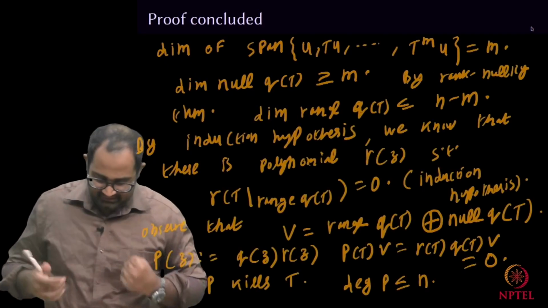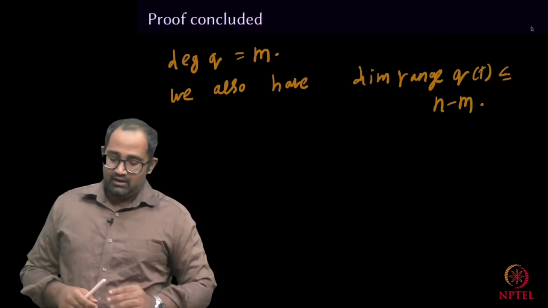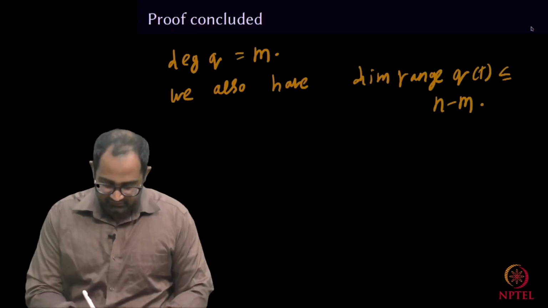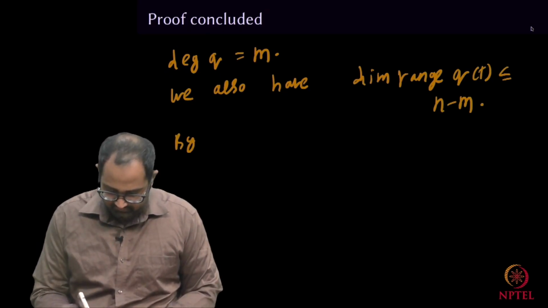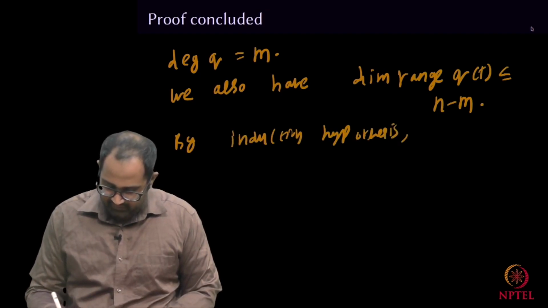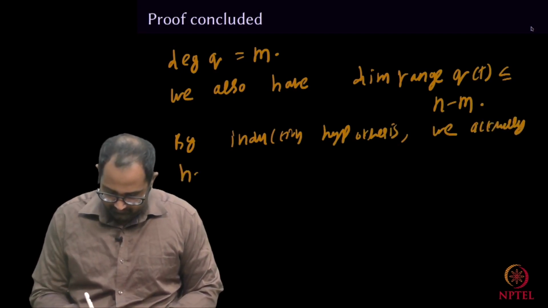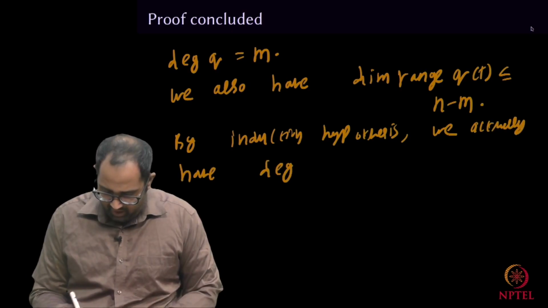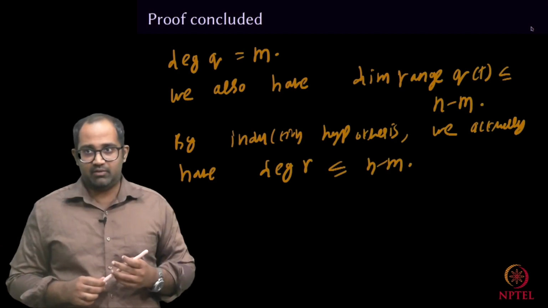Why do we have that? Well, that's just by rank nullity. I have argued that already. Now, by induction hypothesis, we actually have the degree of R is less than or equal to n minus m.